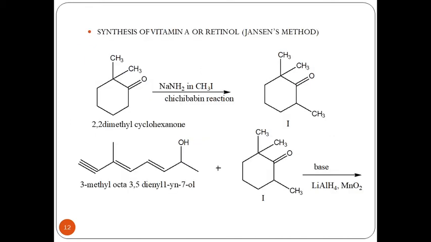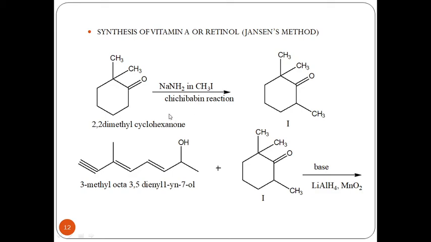The next synthesis is the synthesis of vitamin A or retinol by Johnson's method. In this, the first starting material is 2,2-dimethyl cyclohexanone. Cyclohexanone reacts with sodamide in the presence of methyl iodide through a Haller-Bauer type alkylation.